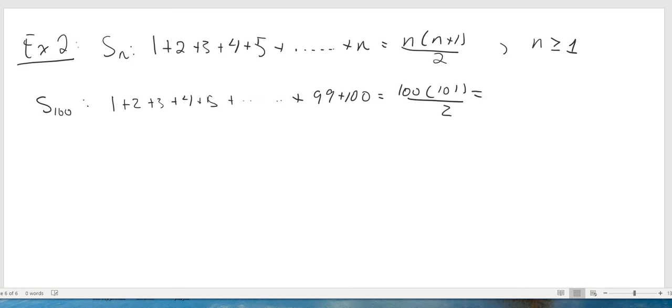So 100 divided by 2, that's going to be 50 times 101. All right. And then if you do this calculation here, that's supposed to give you the answer for all of this. Okay? That's supposed to give you the answer, right?